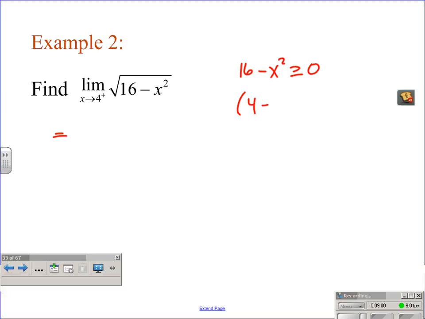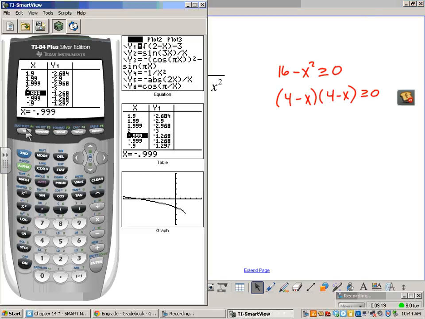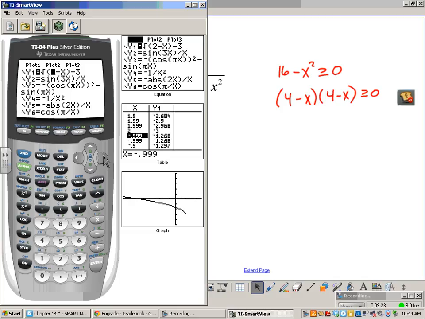This is one of those where you actually have to do test values to see, but if you graph it, you can also pretty easily see what the domain is. We are approaching 4 from the right-hand side. Let's actually use a calculator this time to graph it, and you can probably then see what the domain is going to be. So this time we're going to have 16 minus x squared.